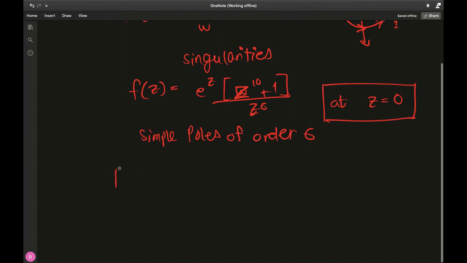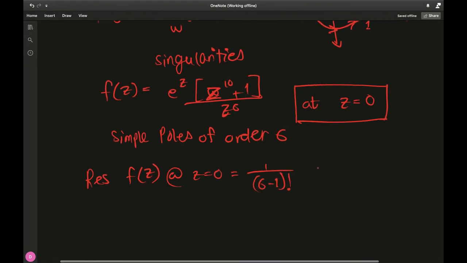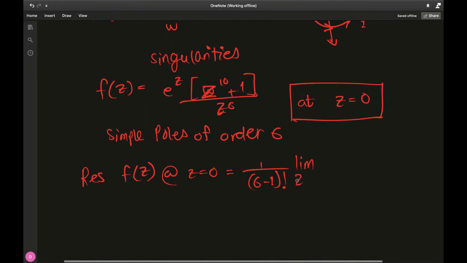So for that, the residue of f of z at our point, which is say z equals 0, is given by 1 over order minus 1, so order is 6, minus 1 factorial, times the limit as z goes to our singularity point, which is 0, of the n minus 1th derivative, where n is the order. So the 5th derivative of z to the 6 times f of z.